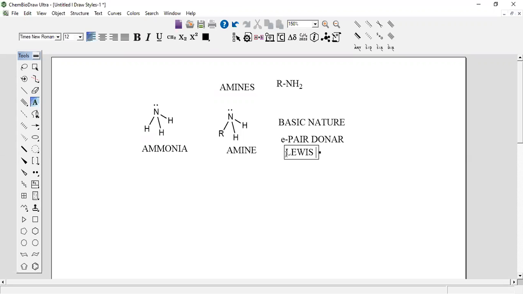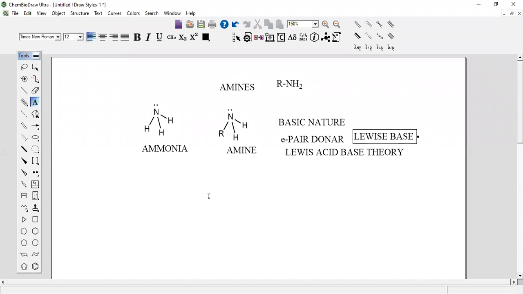Lewis acid base theory. According to Lewis acid base theory, they act as electron pair donors, so we call them Lewis bases, not normal bases.